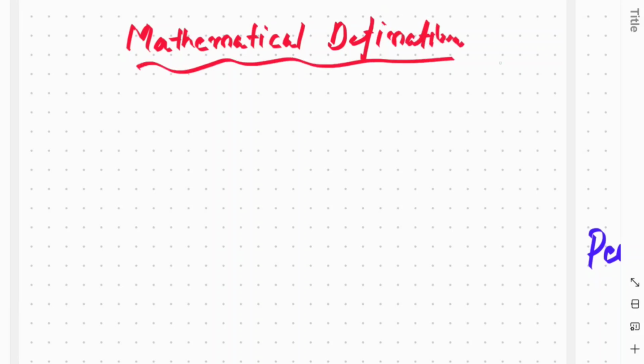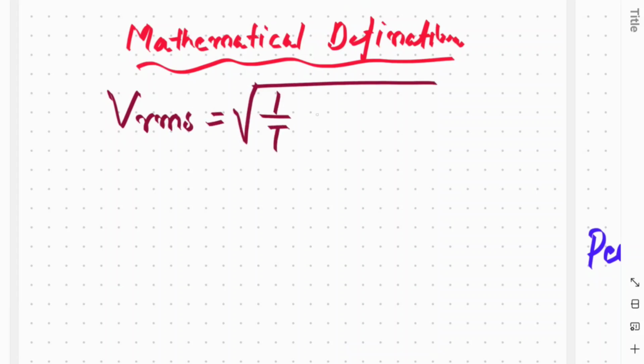Now we'll see the mathematical definition. As a mathematical definition, we can write V RMS equals the square root of 1 by T times the integral from 0 to T of v squared of t dt.